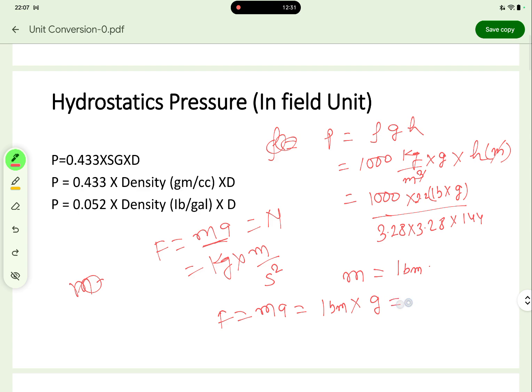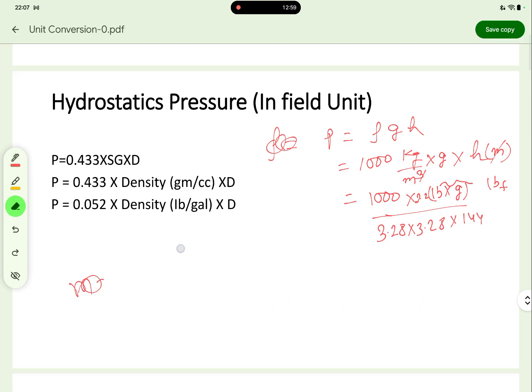Lbm multiplied with the z, if you relate this thing, this will give you the newtons, right? Similarly in a petroleum field, this can be written as lbf. This is called pound force. So this can be written as lbf, pound force, right?